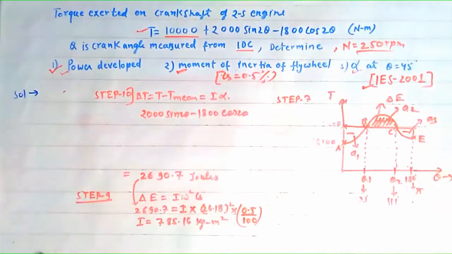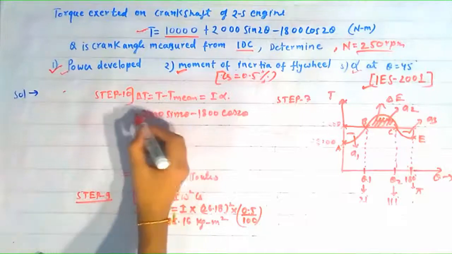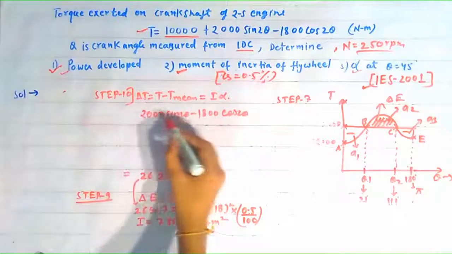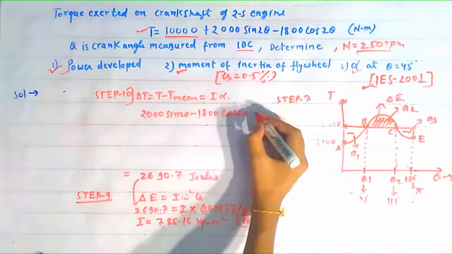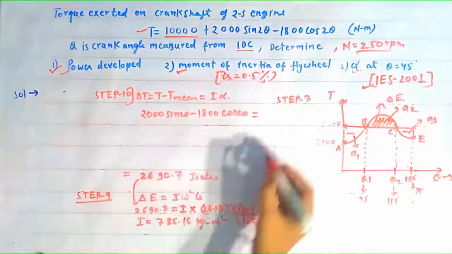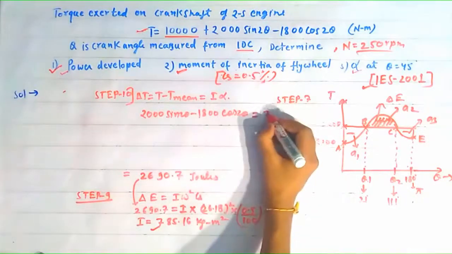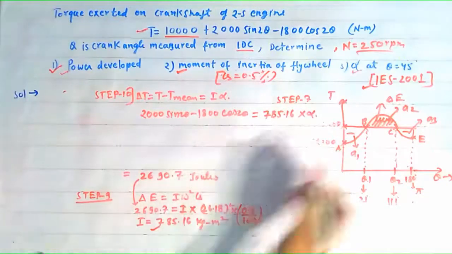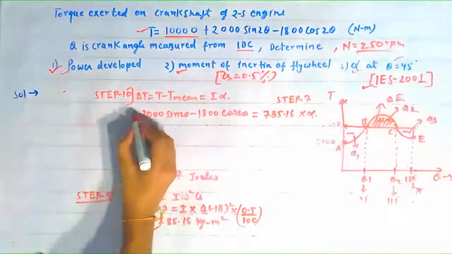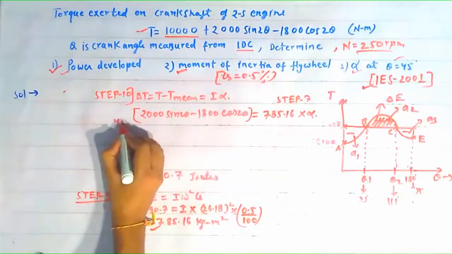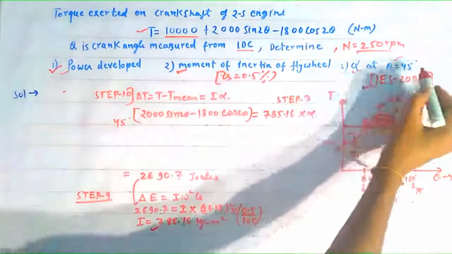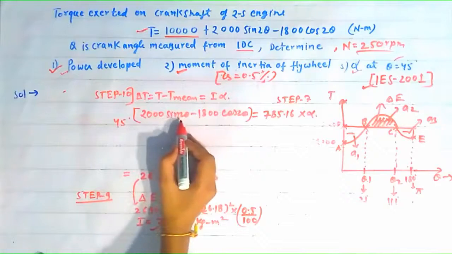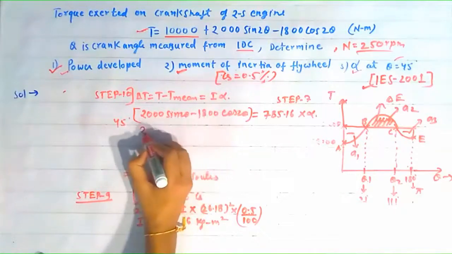You can go back in the video and see how I calculated it. I is 785.16, and alpha we have to calculate at 45 degree, so we put theta as 45 degree in this expression.